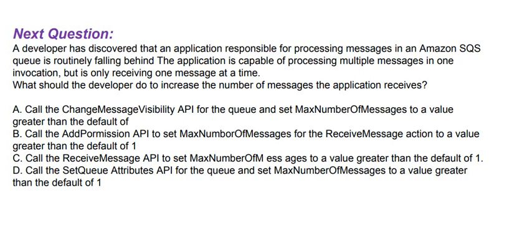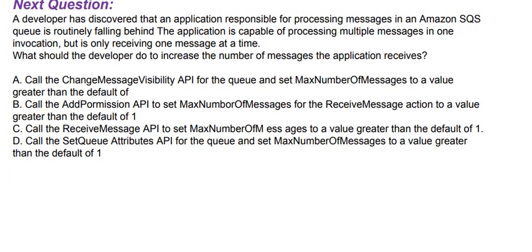Option C. Call the ReceiveMessage API to set max number of messages to a value greater than the default of 1. And option D. Call the SetQueueAttributes API for the queue and set max number of messages to a value greater than the default of 1. The correct answer is option D.